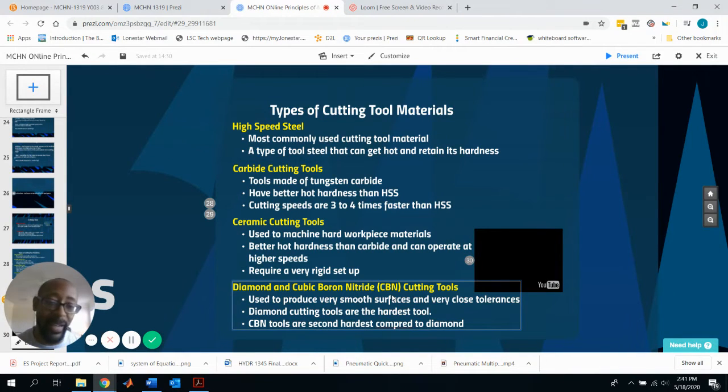Not the whole thing is a diamond, or the whole thing isn't CBN, but diamond is one of the hardest substances on this earth, and so that's why it has such a high hot hardness. So you use it to produce very smooth surfaces or very close tolerances. Of course, your diamond cutting tools are going to be harder. Your CBN tools, cubic boron nitride, are the second hardest as compared to diamond.